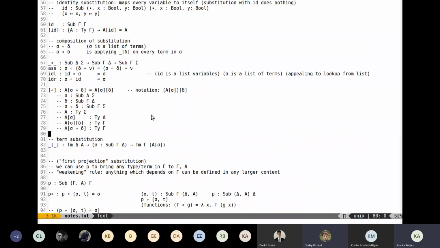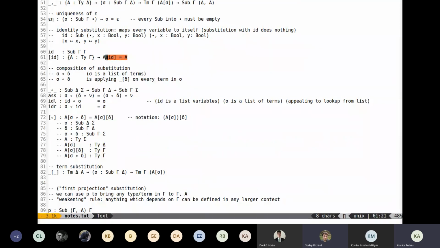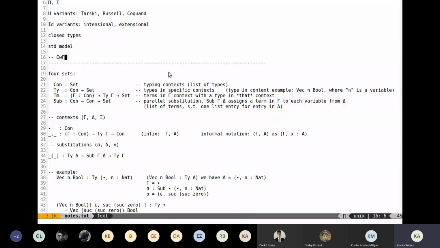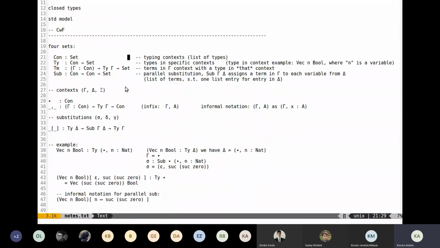And an equality like this is the notion of equality in the meta theory. The same way that we use sets and equalities to define groups, here we are using sets, functions and equalities to define CWF.